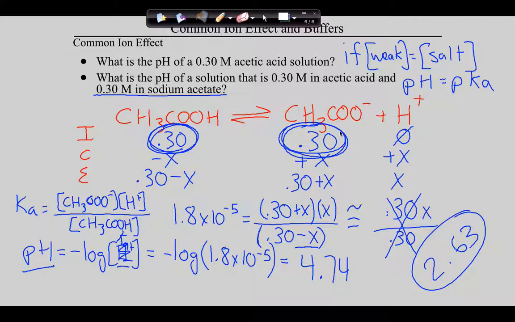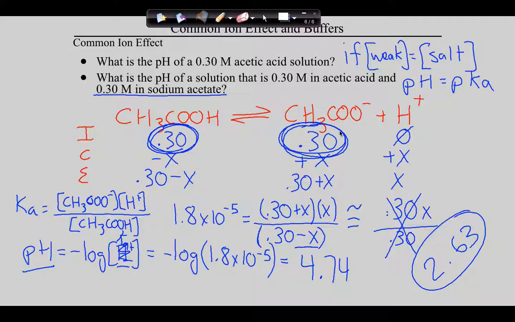Frankly, and I should say this, you're going to see in chapter 17 there is an equation called the Henderson-Hasselbalch equation. It's a quick and dirty equation that allows you to figure out the pH of buffers. Functionally, it takes this math and all these wonderful cancellations and puts it in a really tight equation.